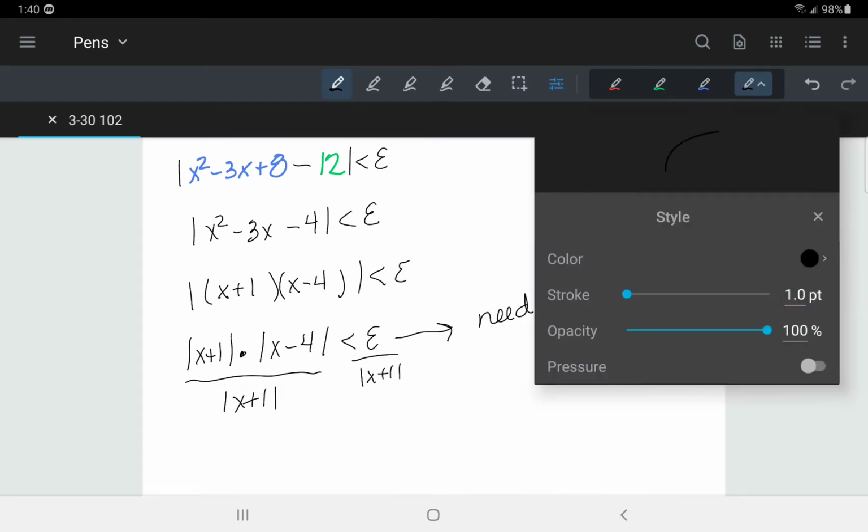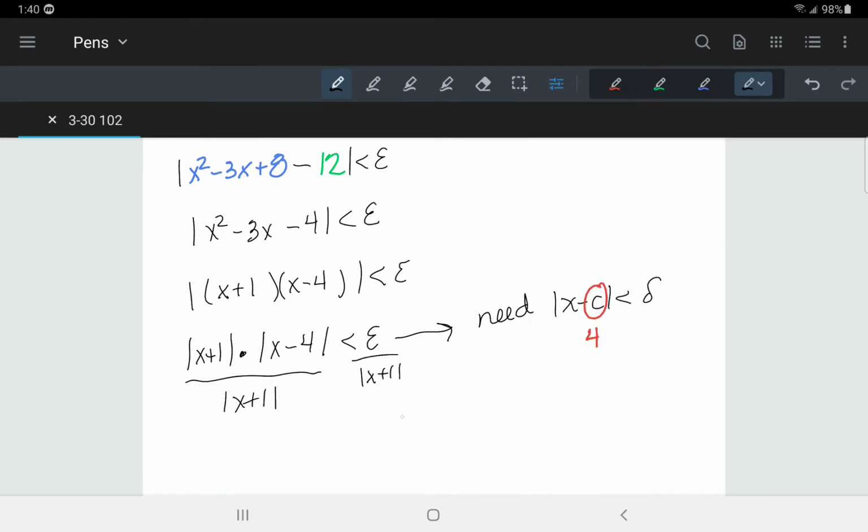So now we have the absolute value of x minus 4 is less than epsilon over the absolute value of x plus 1. And this is exactly what we need. This is what we are going to let be delta.